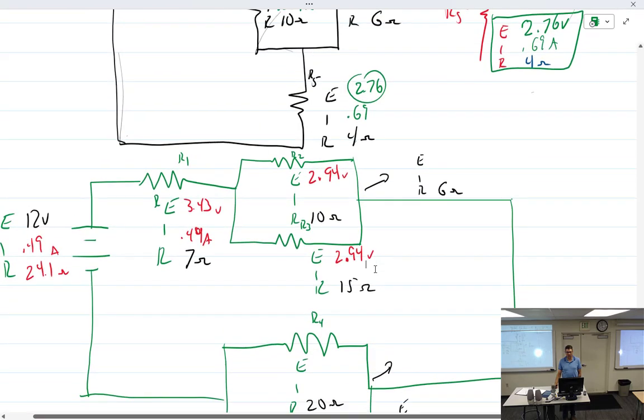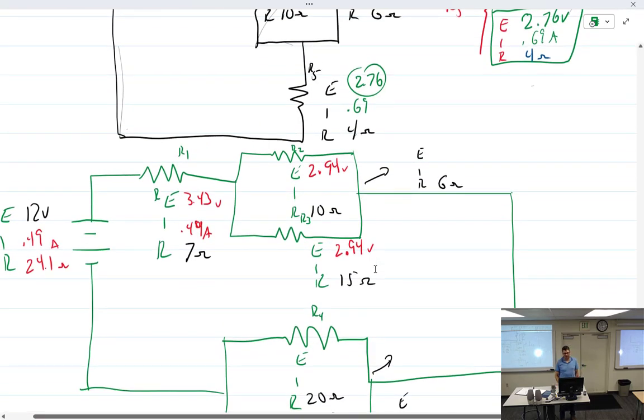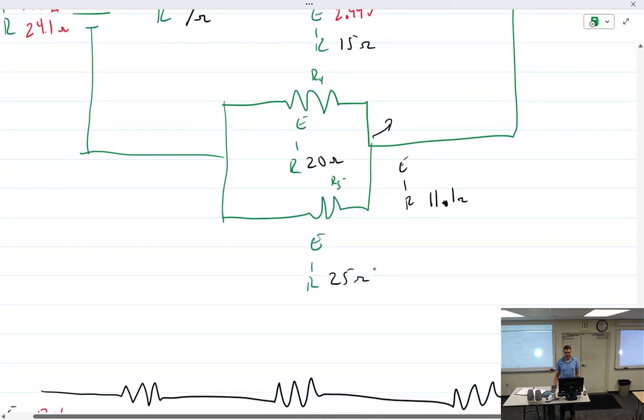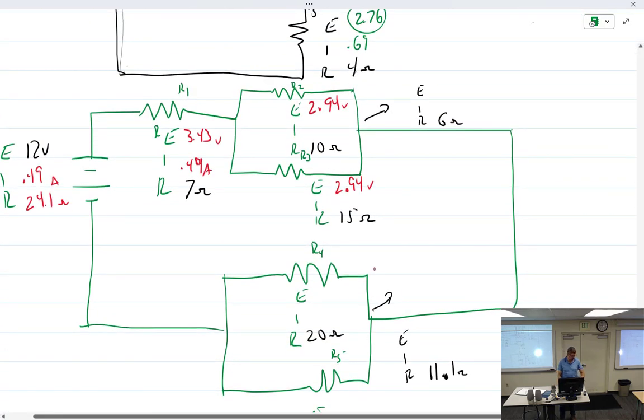So we're going to use Ohm's law now to finish off for the current flow. And down here, well, I'll just do it. Current across 2, 0.294. And current right here, 0.196.